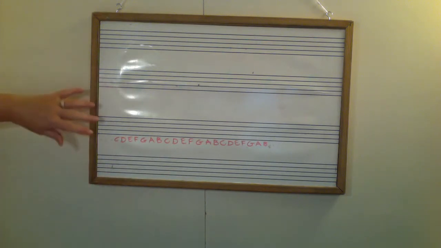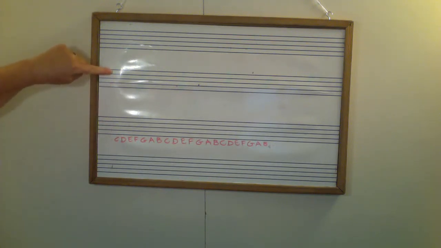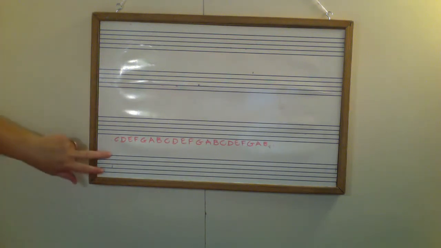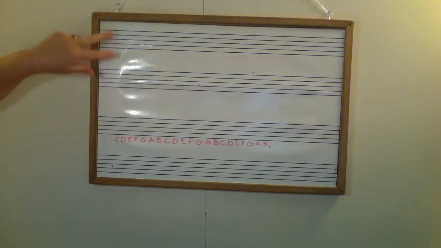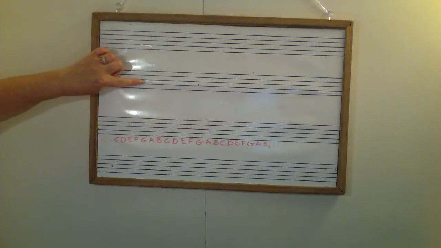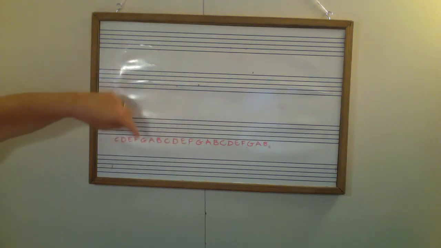at the stave. Now, do you remember the stave is what we call the lines and the spaces. And on my board here, I've got 4 staves. I've got one here, one here, one here, and one here. But I'm just going to look at this one today because it's right in the middle and I've used the letters under that one, so I don't want it to get all messy there.